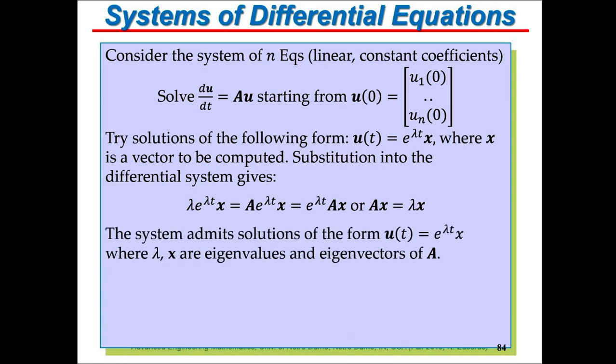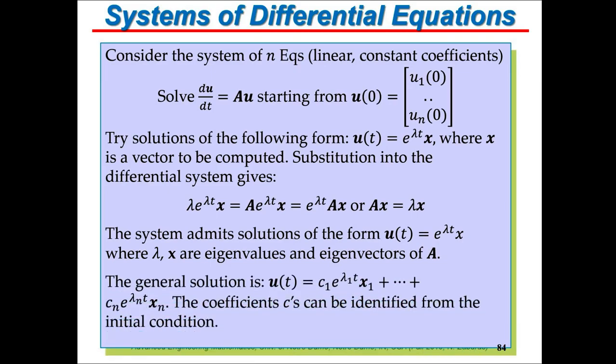So effectively, the general solution will be a superposition of all the solutions of the form e to the lambda t x. So you can assume with confidence that the general solution u of t will be c1 e to the lambda 1 t x1 plus etc. cn e to the lambda n t xn. I want you to remember this general form because we're going to use it again and again in the lecture today.